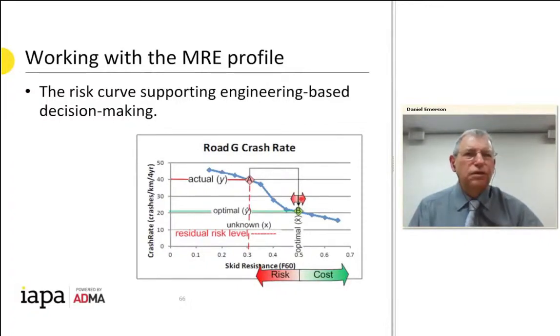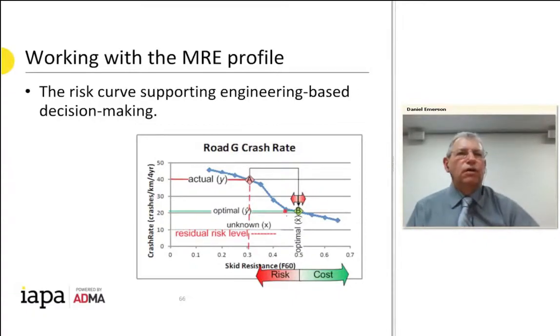The application of materials to increase the skid resistance will cost, and it reduces the risk. However, if we don't do that and the skid resistance is lower, the risk increases. So they've got this ability to maximise according to the engineering requirements of that particular road.